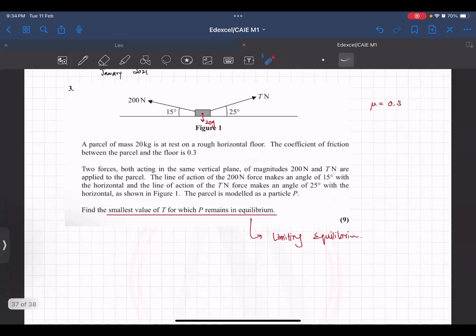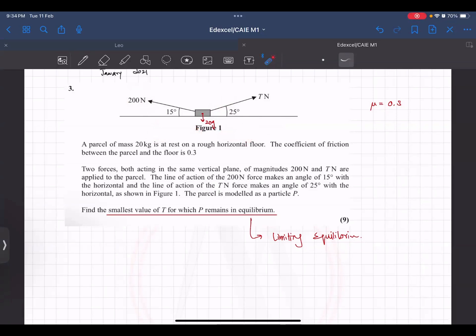Because it is possible that this T value is so much larger that this is causing the limiting equilibrium to be rightward, so the friction would be on the left side. Or the T value can be smaller, having lesser effect than this 200 Newton, in such a way that the parcel is just on the verge of moving on the left side. So in this case, the friction would be on the right side.